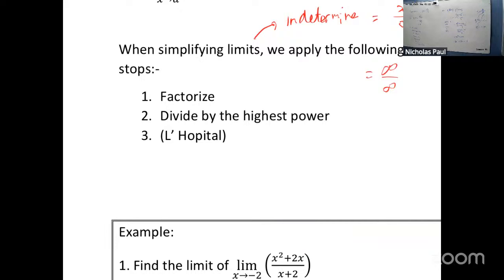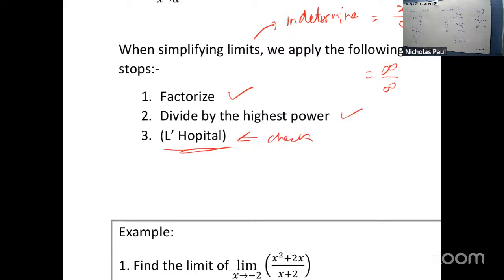There are 2 ways that I can simplify it that are allowed on the syllabus, and the third way is L'Hopital. It allows you to check the answer, but you cannot use it as a valid solution. So we factorize; if that doesn't work, we divide by the highest power of x. At this level, either one should work, and you can check the answer back using L'Hopital. So L'Hopital is a check.